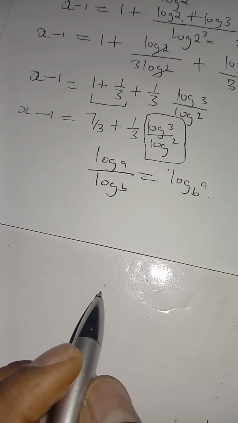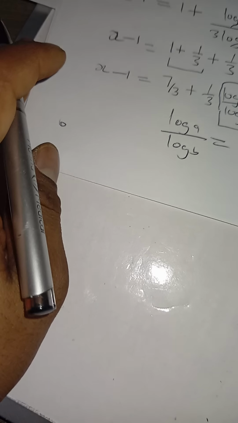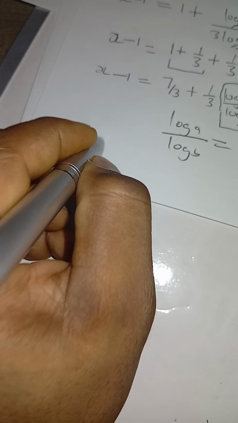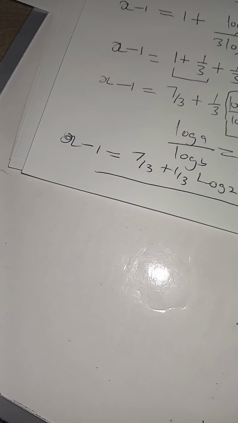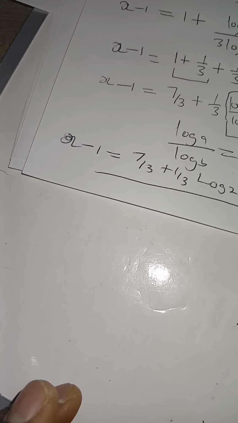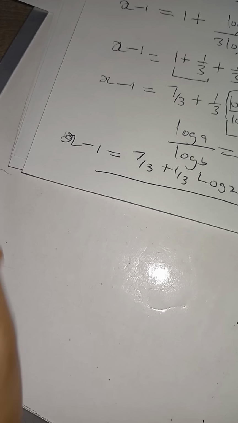So we're going to have x minus 1 is equal to 7 divided by 3 plus 1 over 3 log_2 3. So we have division of 3 both sides. So let's add the top one. Let's see how we're going to solve this.